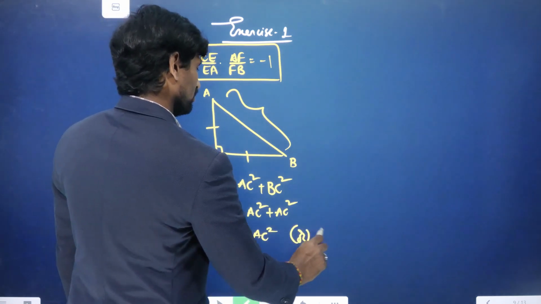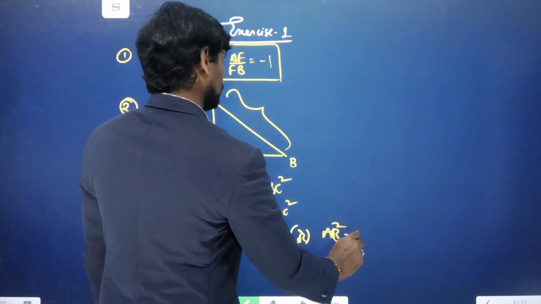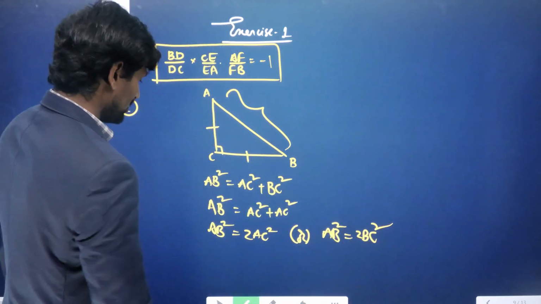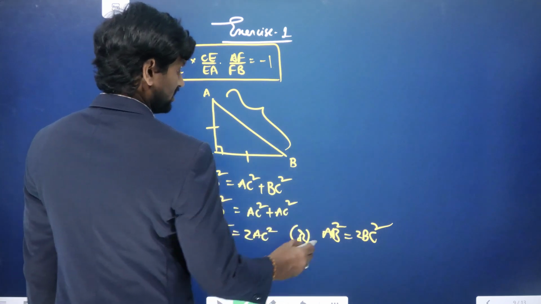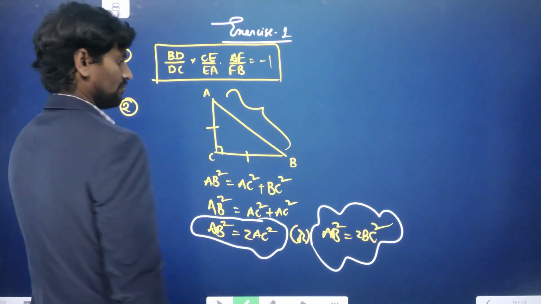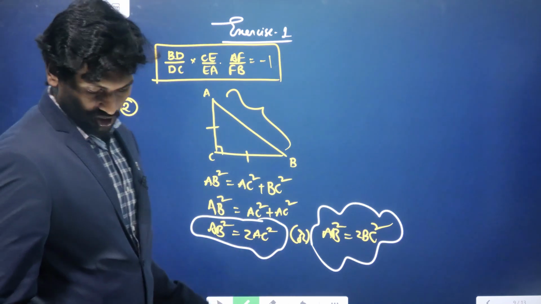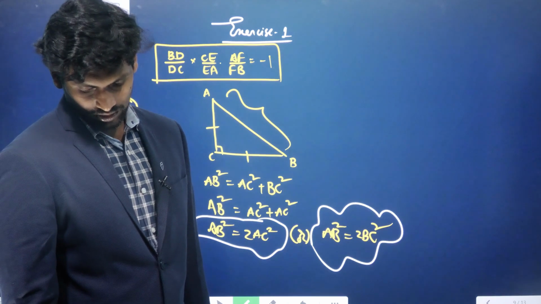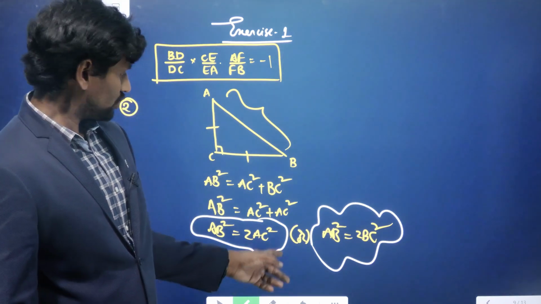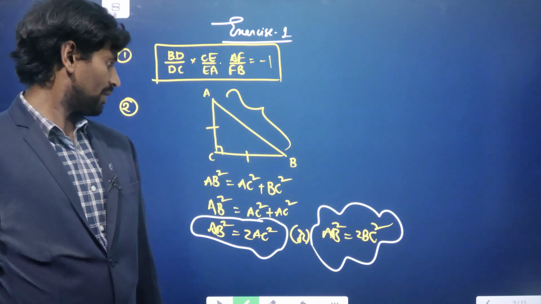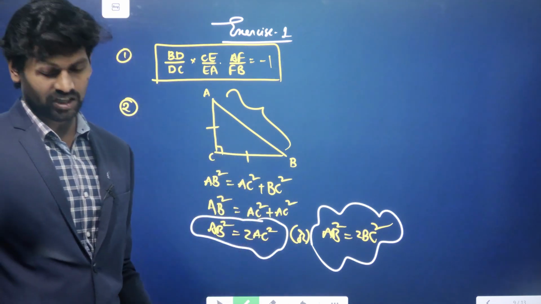Either is correct here. So according to the options given, the last option: 2 times BC square or 2 times AC square.